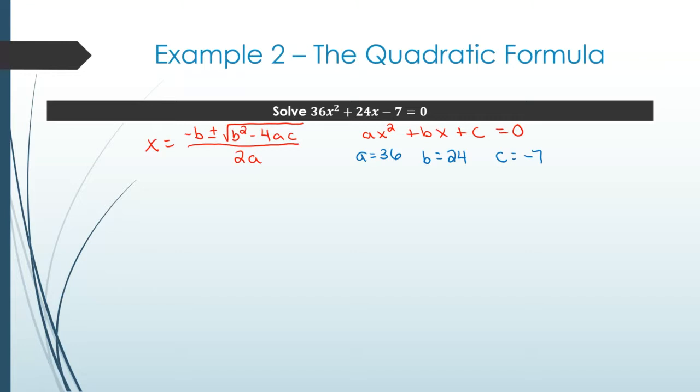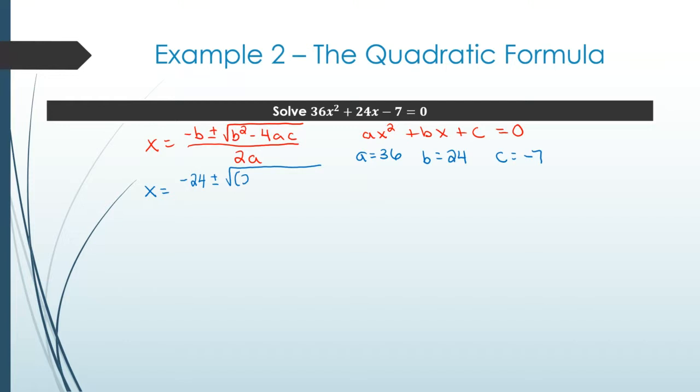So now we're going to replace a, b, and c in our equation with those values. So x equals, so I have negative b, and b is 24. So I have negative 24 plus or minus. Now I've got my square root.